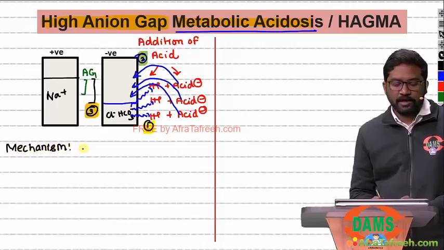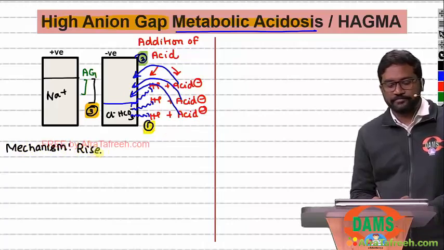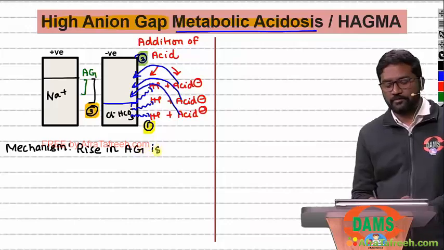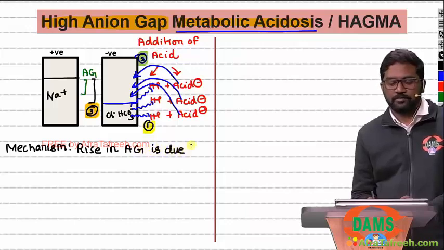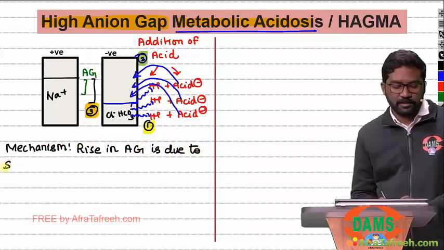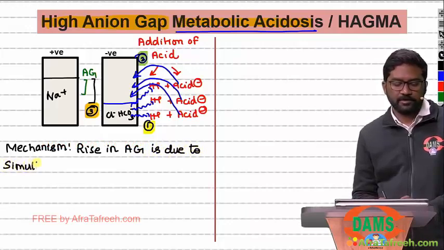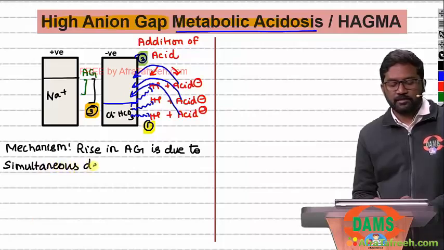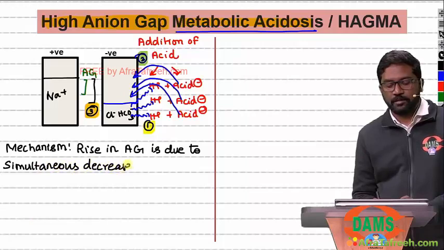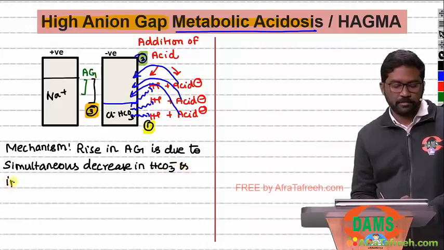The rise in anion gap, students, is due to simultaneous decrease in bicarbonate and increase in acid anion.